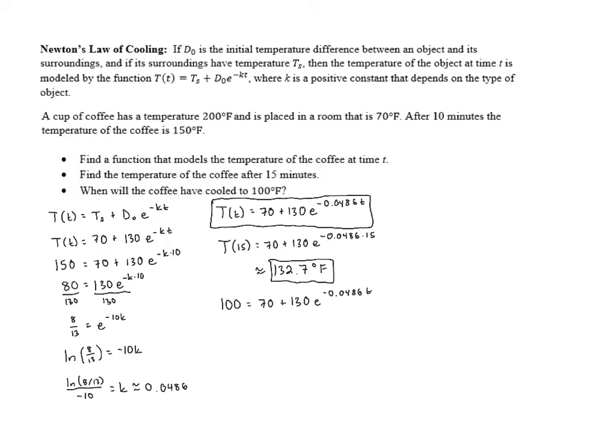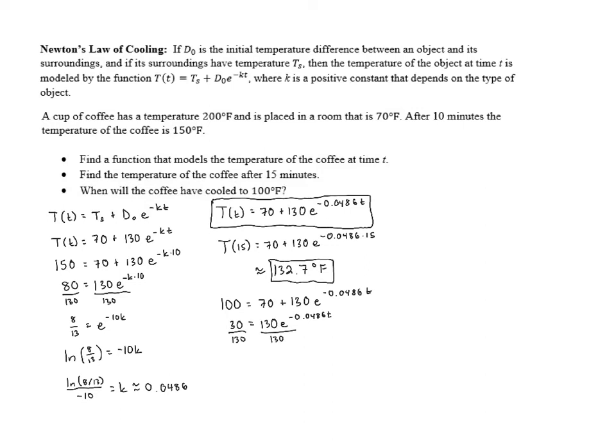So when we do this, we subtract 70 from both sides. That gives us 30 equals 130e to the negative 0.0486t. And then we divide both sides by 130 to get rid of that coefficient.